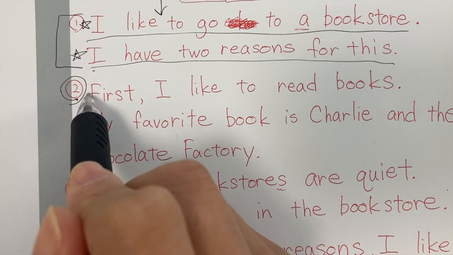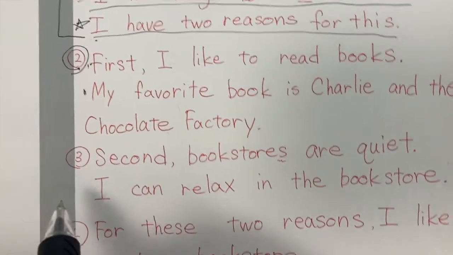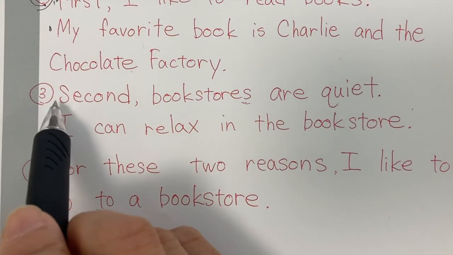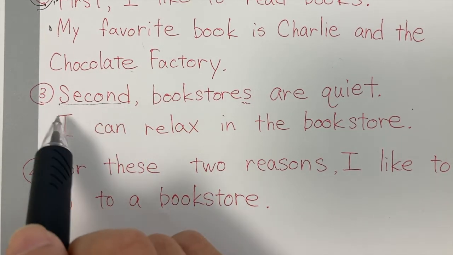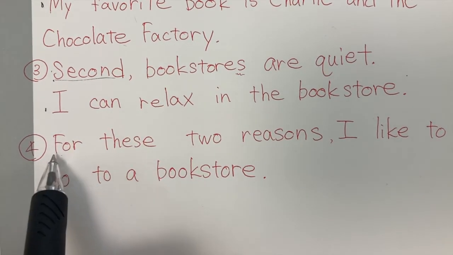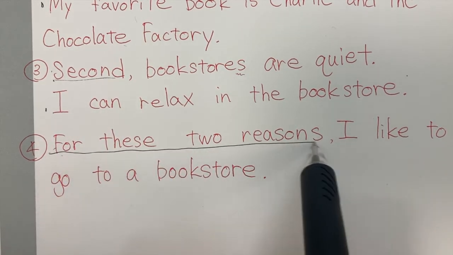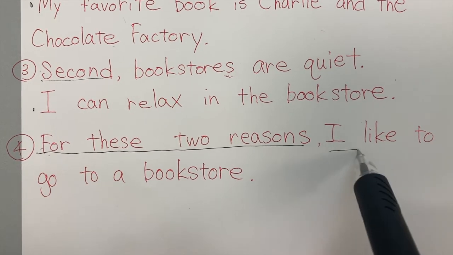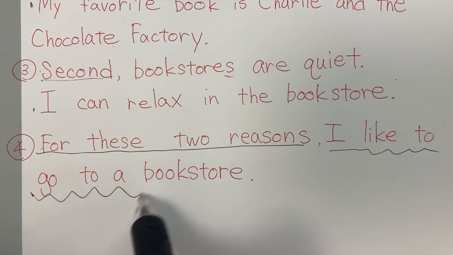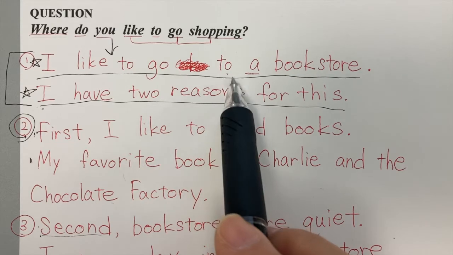I would write at least two sentences. And then you have your second reason. And same thing, I would at least write two sentences. And then you have the last finishing sentence. It's always the same. For these two reasons, and you just write the beginning sentence again. I like to go to a bookstore.